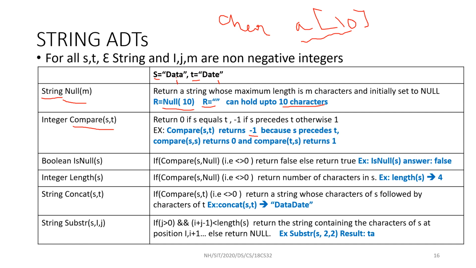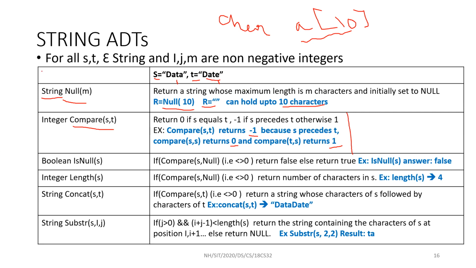In this example, S precedes T, so the answer is -1 because data precedes date. If I pass T, T or S, S, because both strings are the same, it returns 0. If I pass T and S instead of S and T, now date comes after data, so it returns +1. This is the bigger one, that is the smaller one, so it returns +1.